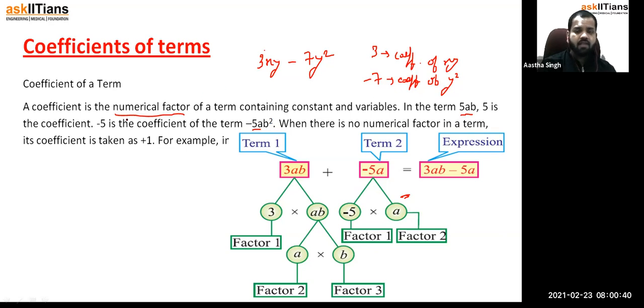What if nothing is given? For example, x plus 3. Here 3 is a constant because it does not contain any variable. There are only two terms, x and 3. Your x is the variable.